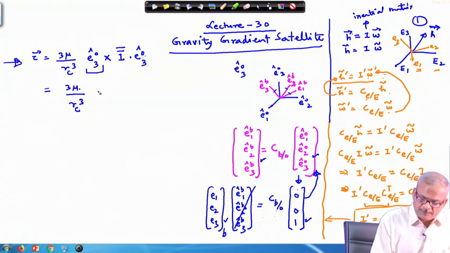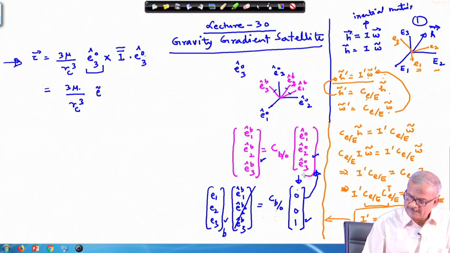As you remember, we can utilize this notation, where this is a unit vector along this direction.